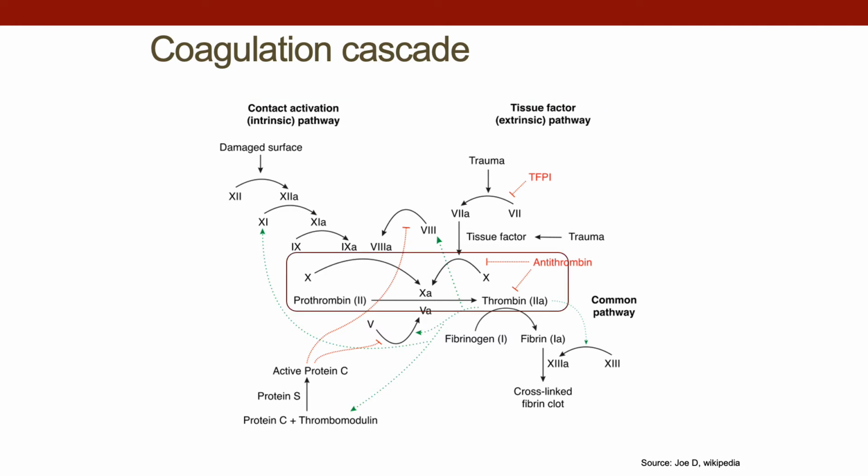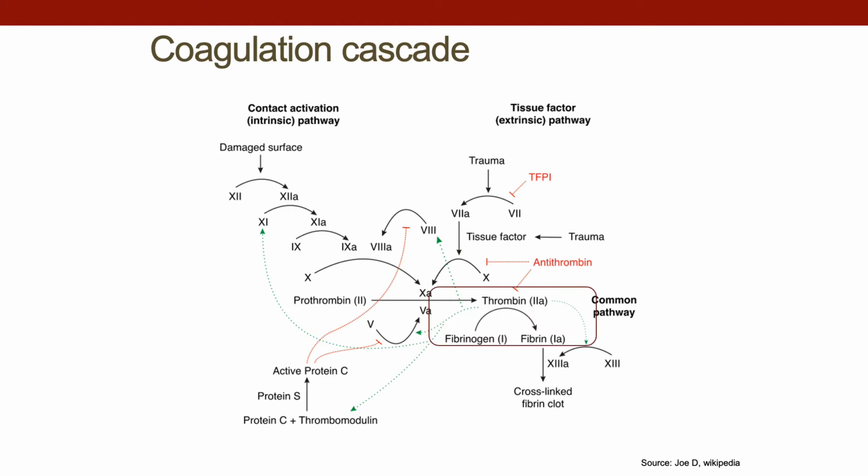Those two pathways come together in that they both make activated factor 10, factor Xa, and factor 5a works with that. 10a is really the protease, and 10a then converts prothrombin to thrombin, and that's really a central step in the fibrin clot.